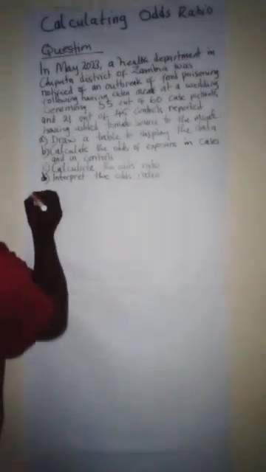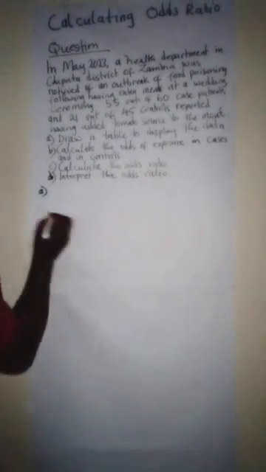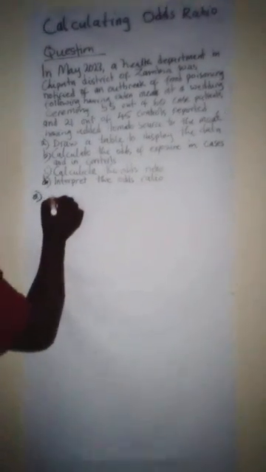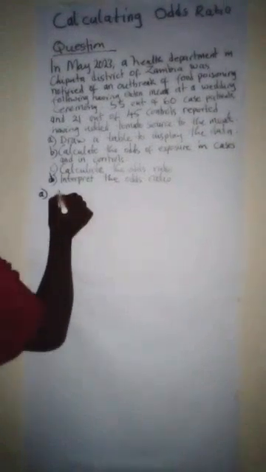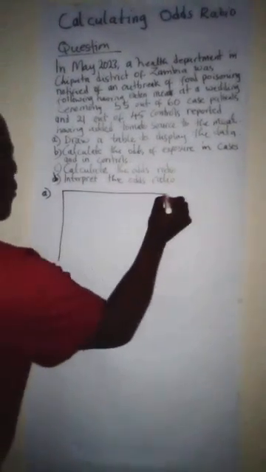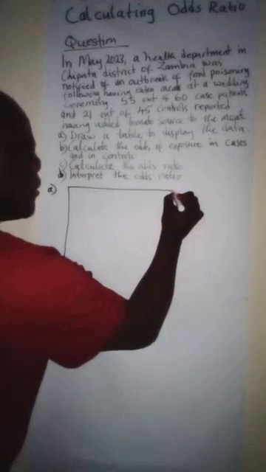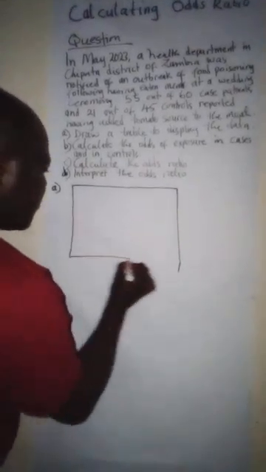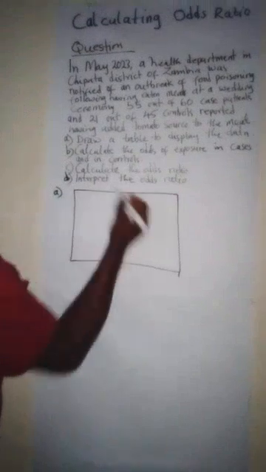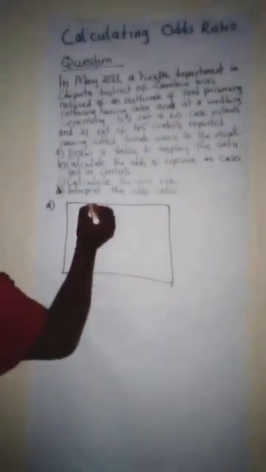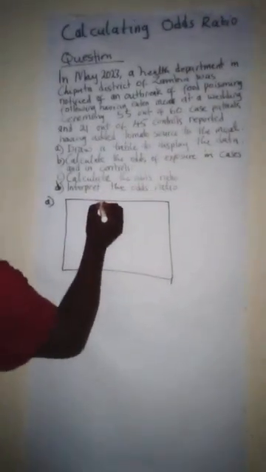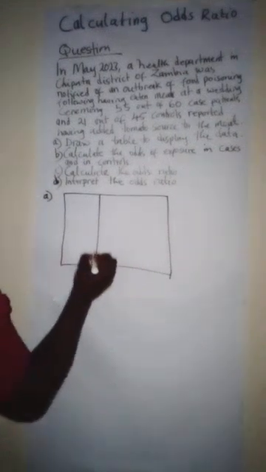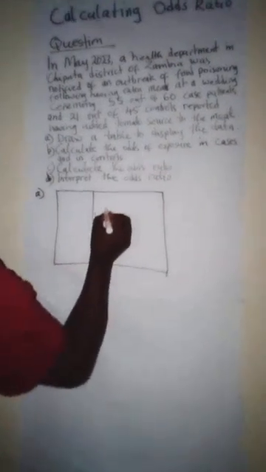I'm just going to draw a very simple table, just to help us understand what was going on.